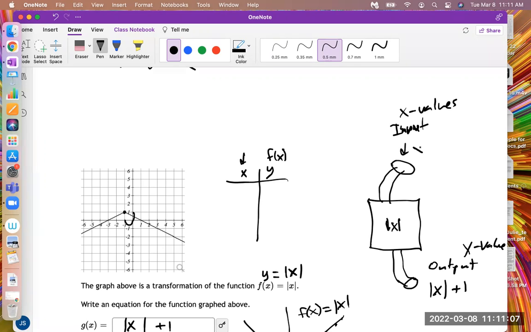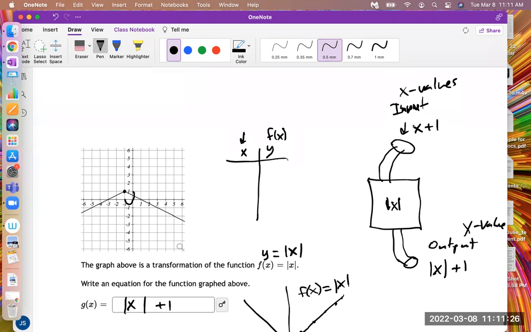If I originally am plugging in x to the function, then when I move it 1 to the left, I went 1 space in the negative horizontal direction, but we do the opposite. We add 1 to the input. So this becomes x plus 1, in parentheses.